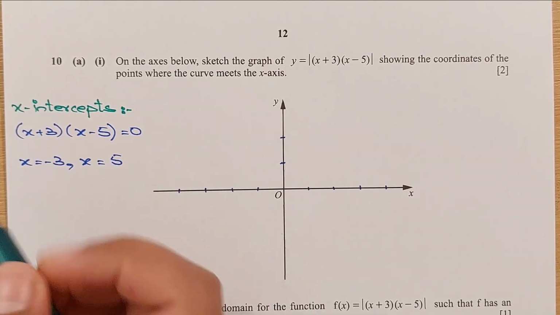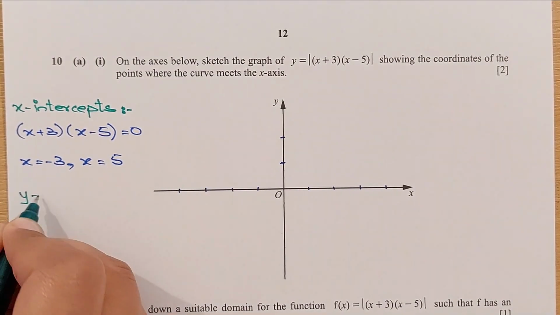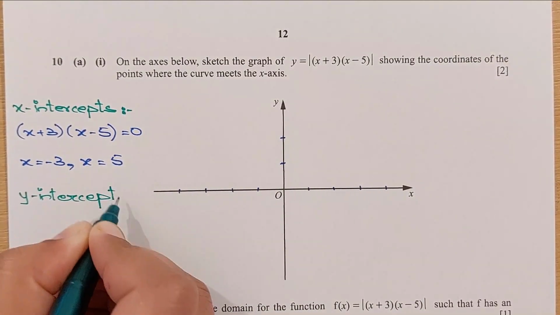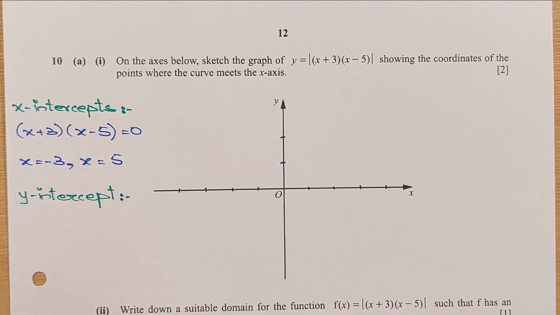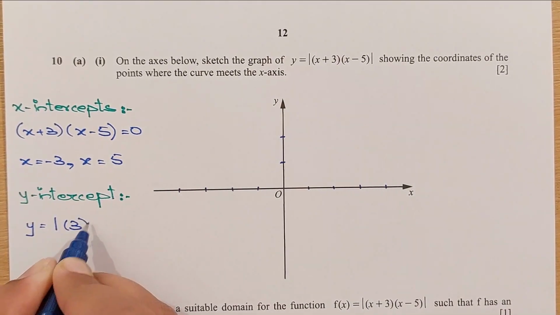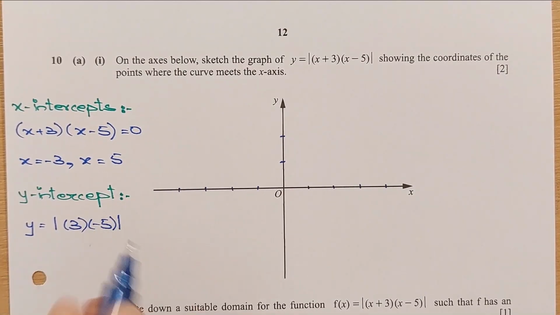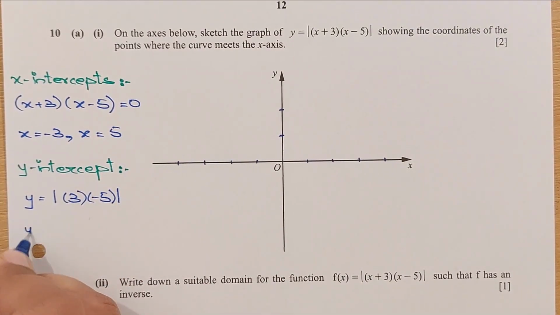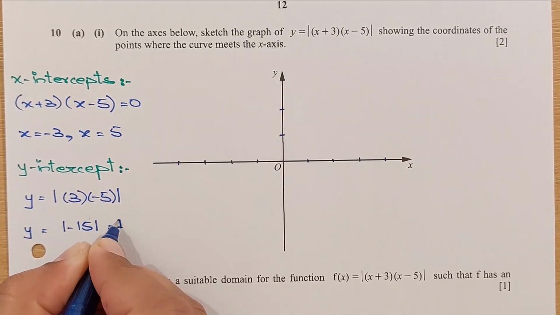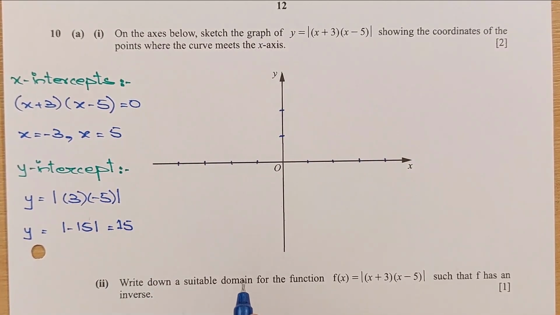Let me work on the y-intercept as well. Y-intercept is the point when x is equal to 0. So y is equal to the absolute value of 3 times -5. So 3 times 5 is 15, and the absolute value of -15 is positive 15. So the y-intercept is 15, right?